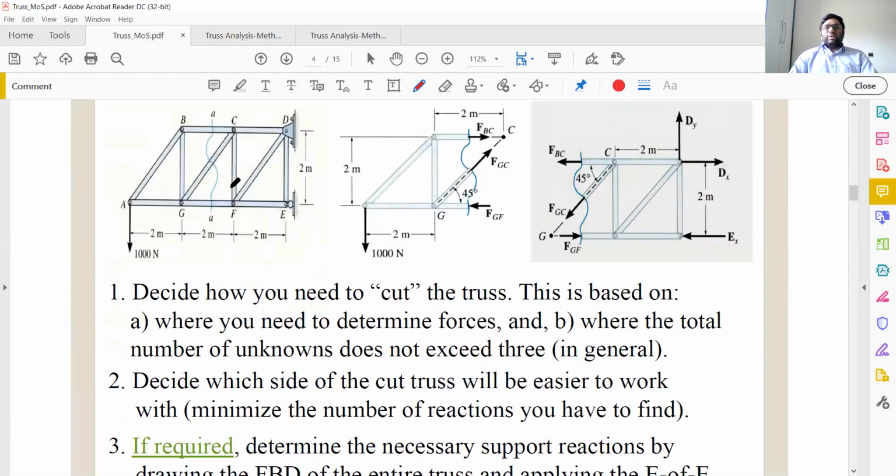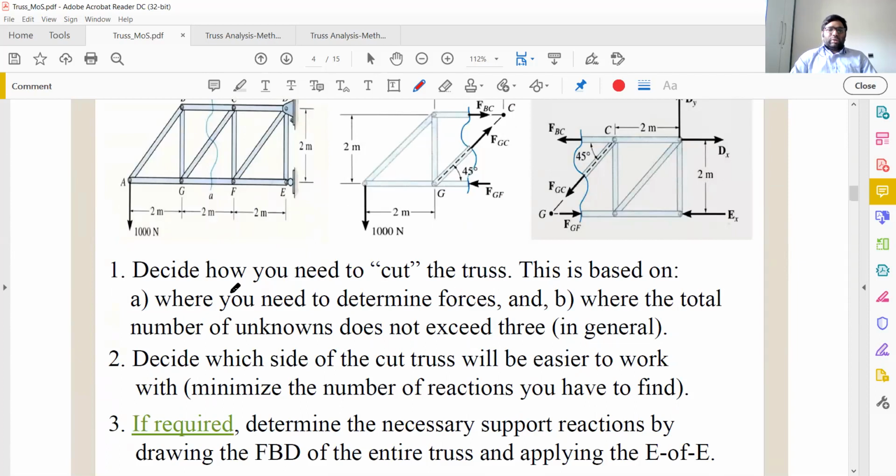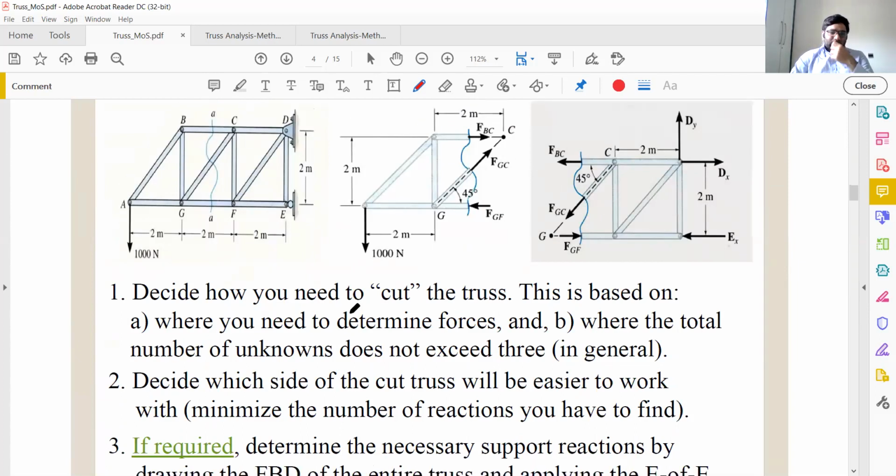Now, how do we analyze this truss? The first step is to decide how and where you need to cut the truss. That depends on where you need to determine the forces, and where the total number of unknowns does not exceed 3.